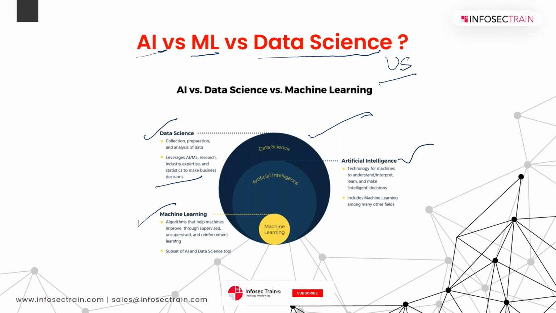I'll simply put, artificial intelligence aims at enabling machines to execute reasoning by replicating human intelligence, right? So we have human-like robots. The name of that robot is Sophia, right? That can talk, right? So that robot we have.